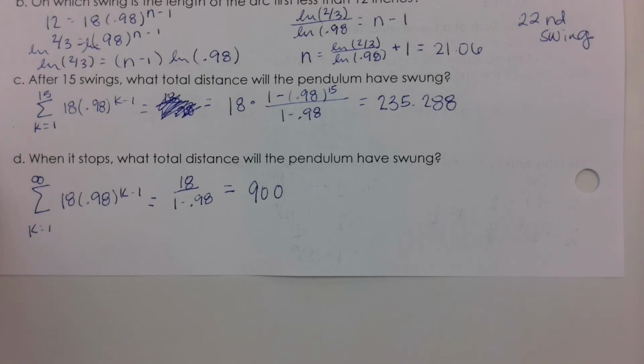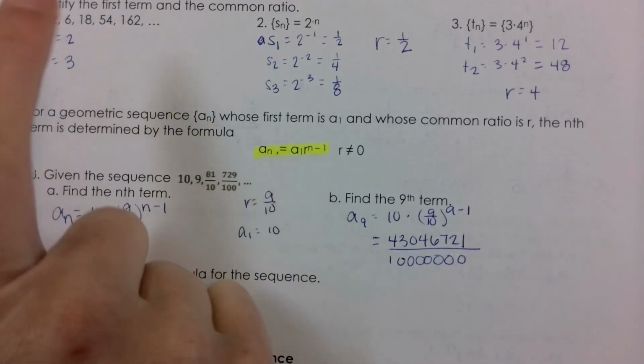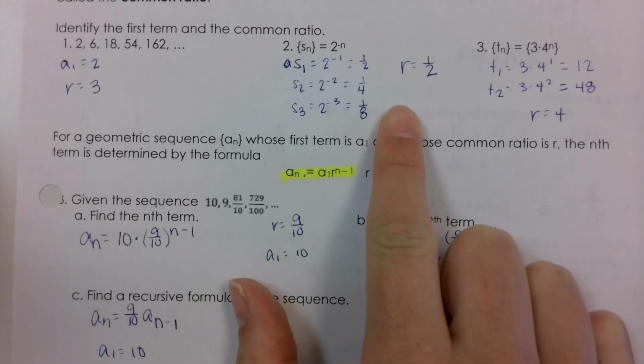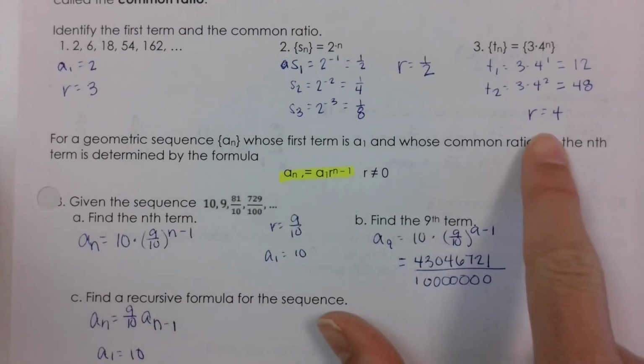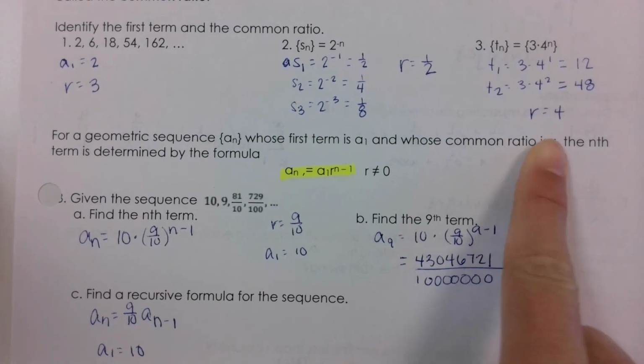If r is not less than 1, then it's not going to converge. So if we go back to the front of our notes, would this one converge or diverge? Diverge, right? Because your r value is bigger than 1. Would this one converge or diverge? Converge, because r is less than 1. And this one? It would diverge, right? Because r is bigger than 1.